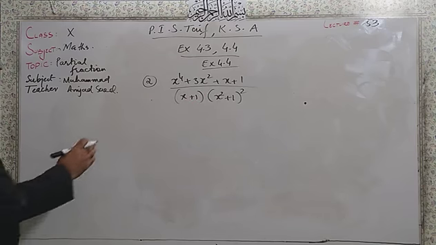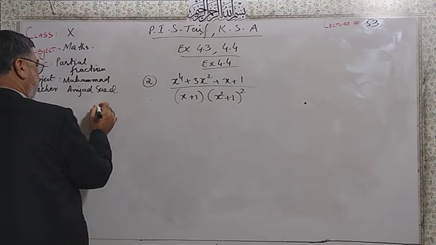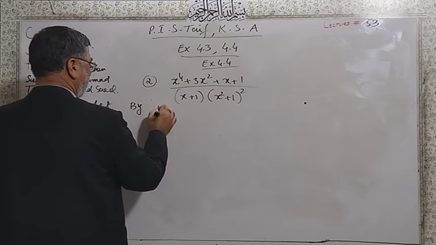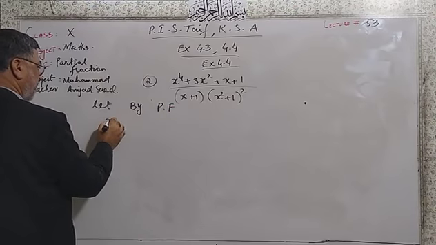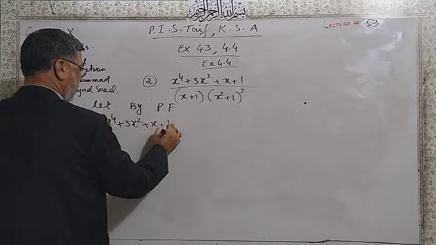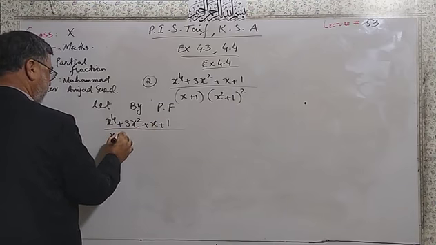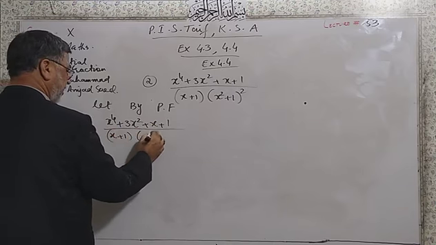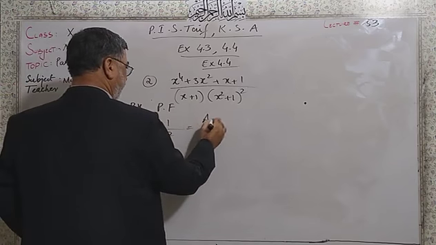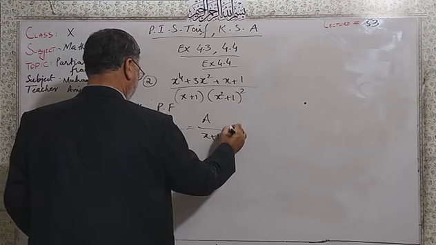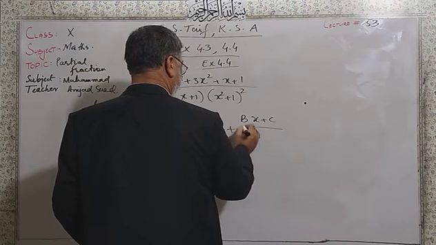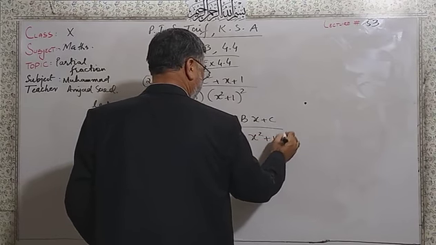And in case of a proper fraction, you can write down directly, let by partial fraction, x^4 plus 3x squared plus x plus 1 divided by x plus 1 into x squared plus 1 whole squared, that will be A over x plus 1 plus Bx plus C over x squared plus 1.